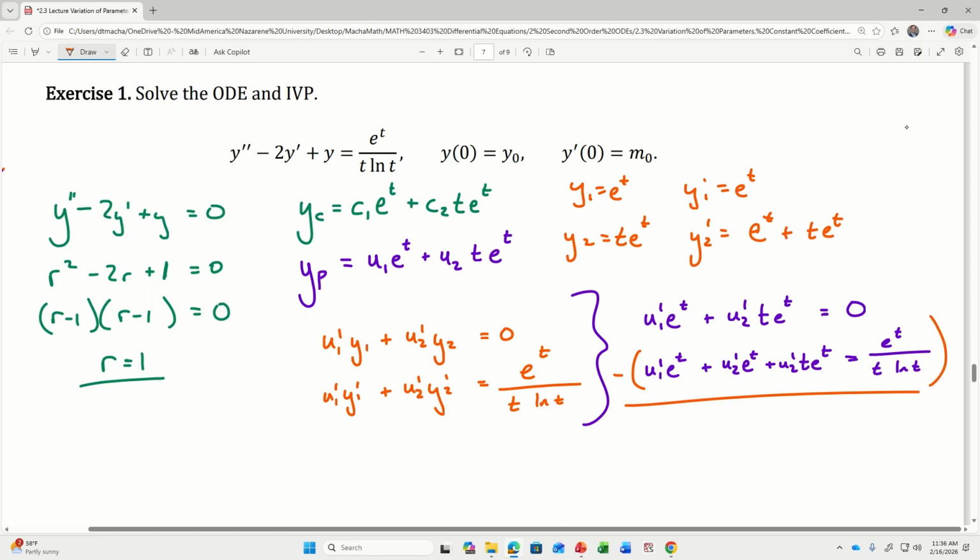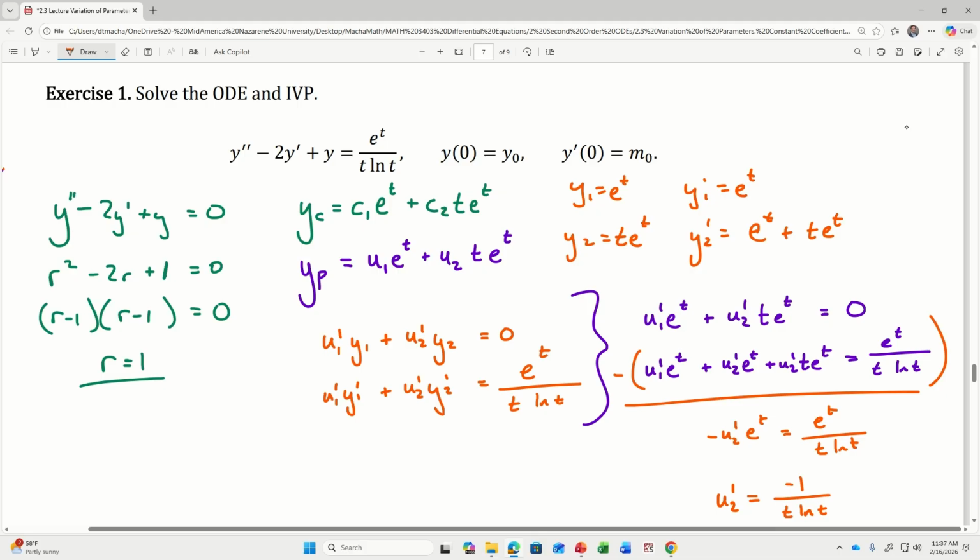This should be negative u2 prime e to the t equals e to the t over t natural log t. The e to the t's cancel, and I find that u2 prime is going to be equal to negative 1 over t natural log t.